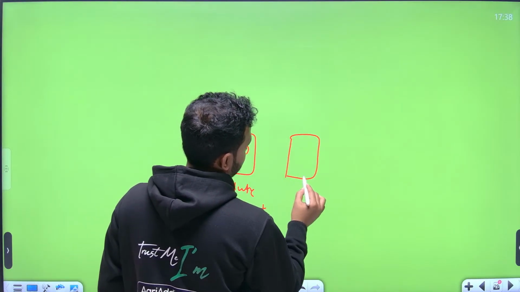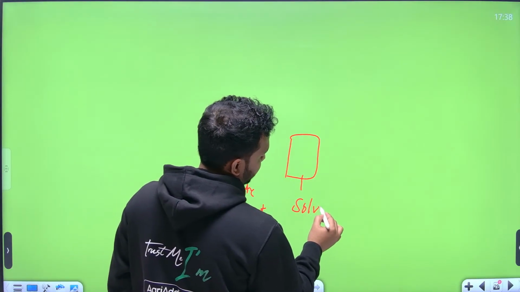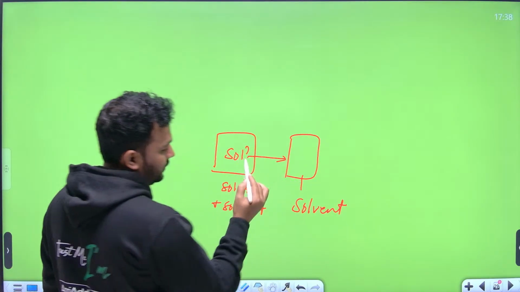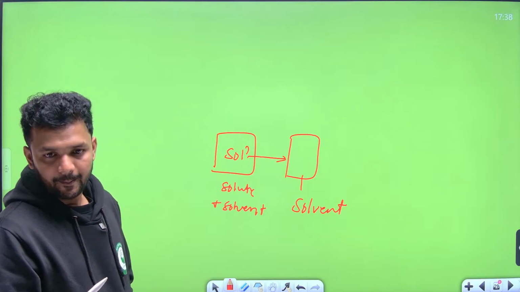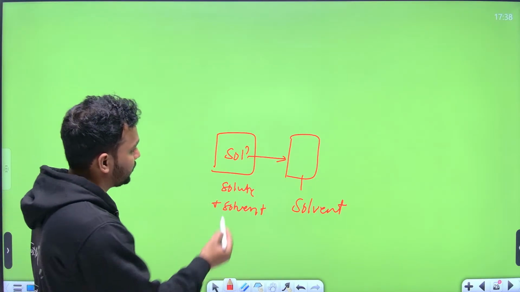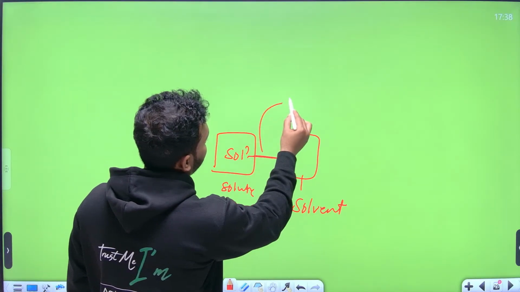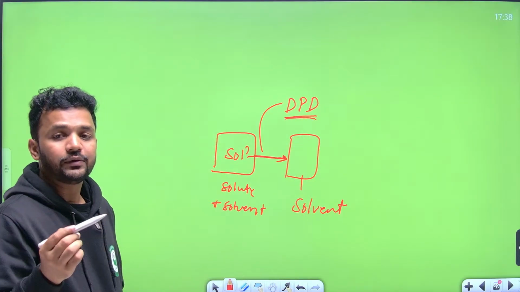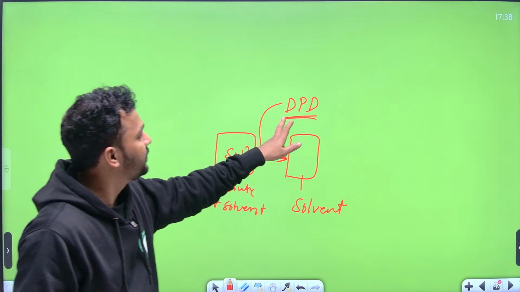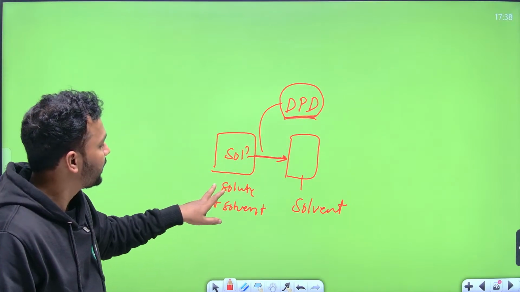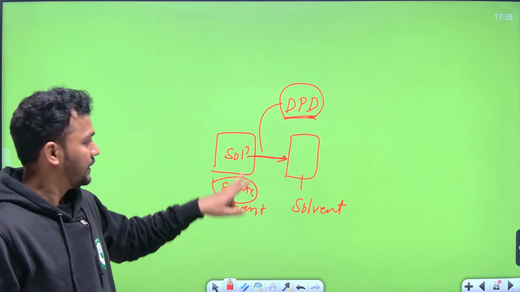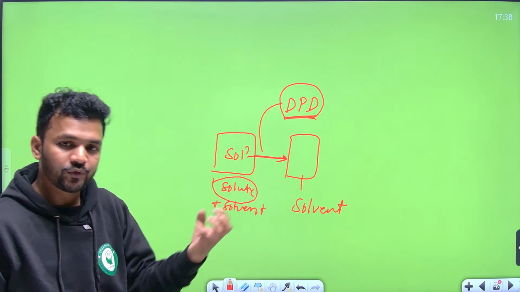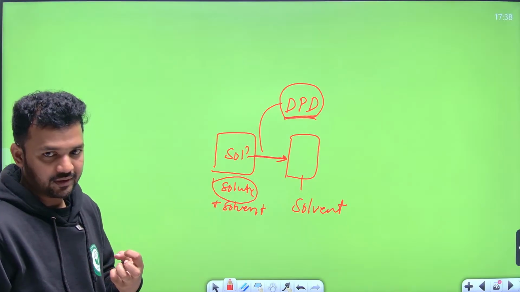Here, it is only solvent. So there should be a difference in diffusion pressure, right? This difference is known as diffusion pressure deficit. And why is this deficit created? Because of the presence of solute. In the solution, solute is present. That's why it has the potential to absorb or take water.